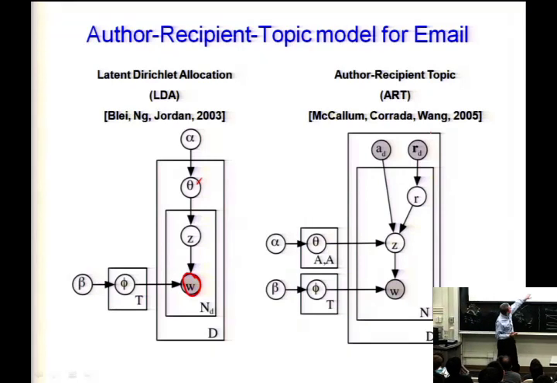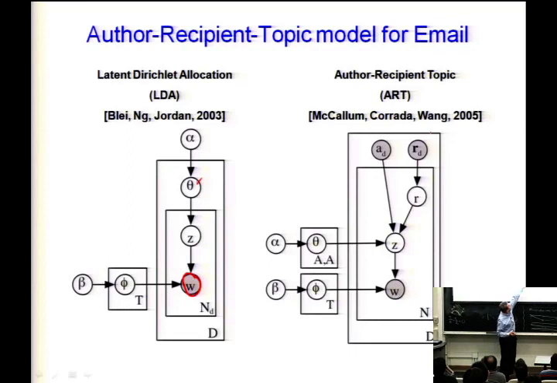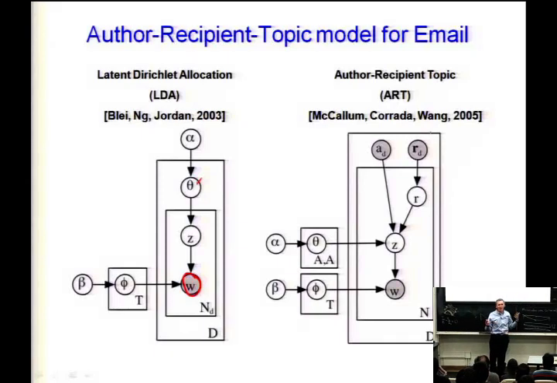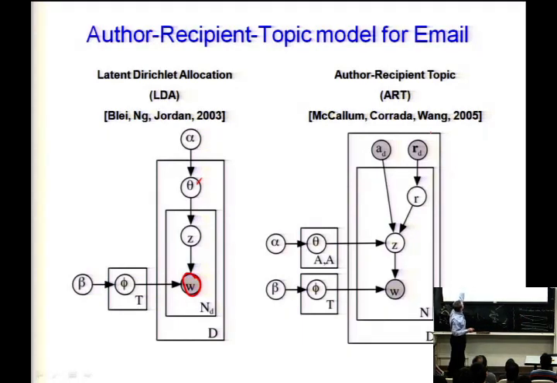A word gets generated by some topic Z, just like before, but that topic actually depends on who the authors and the recipients of the mail are. If it's you and me, it's probably going to be about the topic of the machine learning class. If it's you and your mother, it's going to be about some other topics. So he said, let's build a Bayes net where the words depend on topics, but the topics don't just come out of some generic theta distribution.